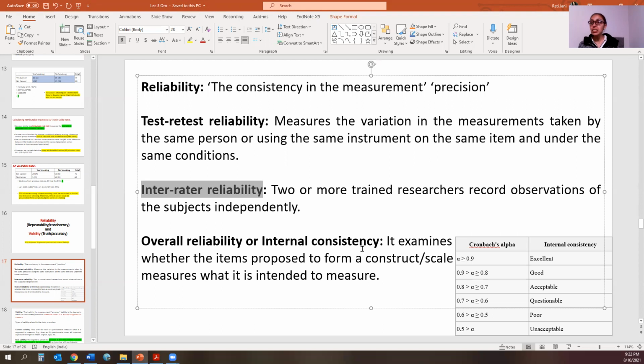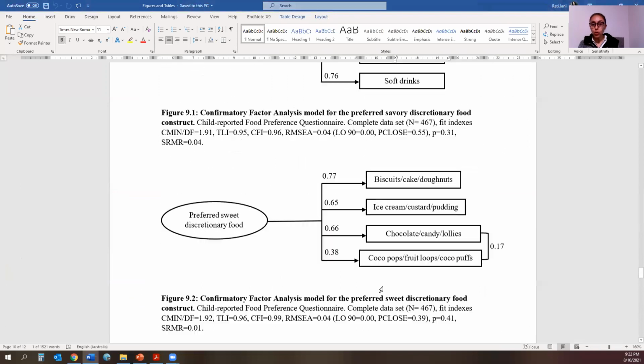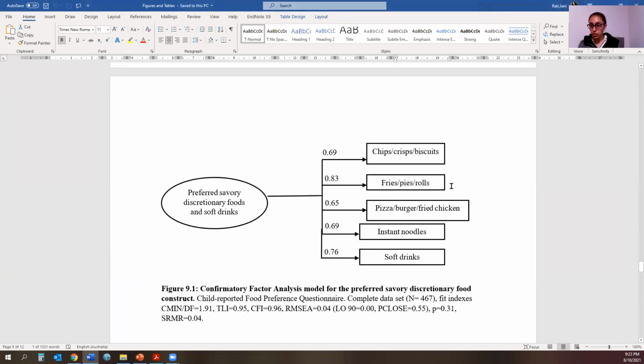What is internal consistency? Let me explain it with a real life example. Internal consistency says that when you are clubbing together a bunch of items and calling this a construct, then these items should be items which logically belong together and make sense. This construct is also called a factor, and in quite advanced level papers, it is also called a latent variable.